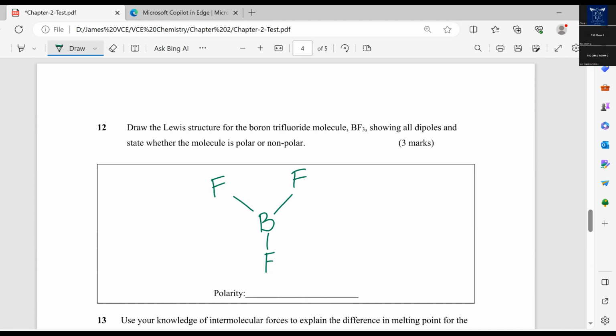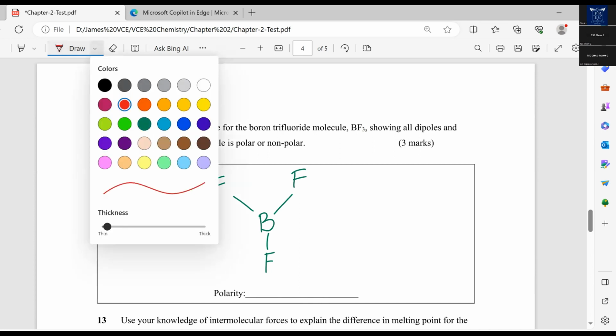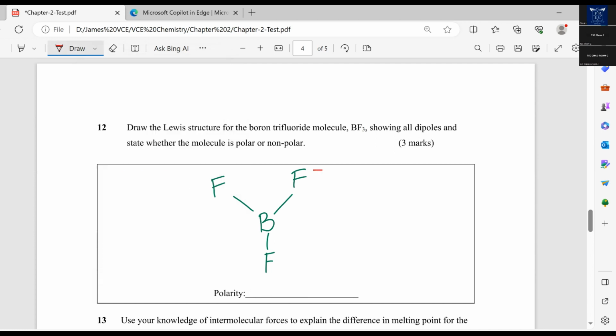So when you don't have any lone pair, generally what is going to be a dipole? Because this is going to be a minus, this is going to be a plus. So the dipoles will go from plus to minus, like this, plus to minus, like this. So it's like a planar structure with all these going this way.